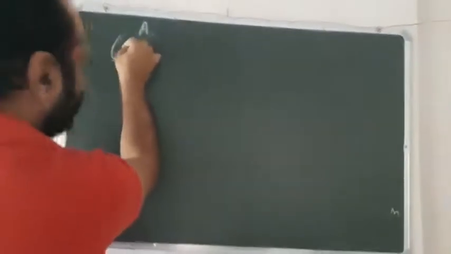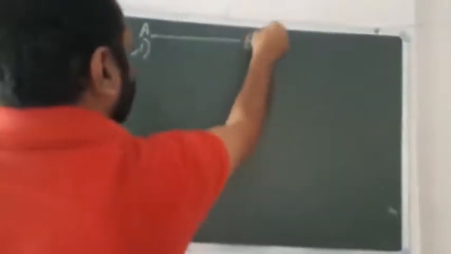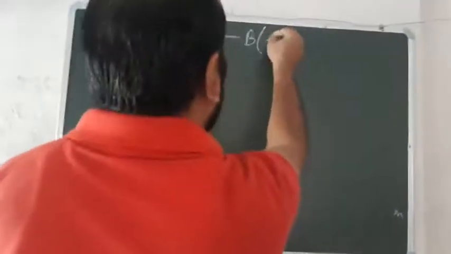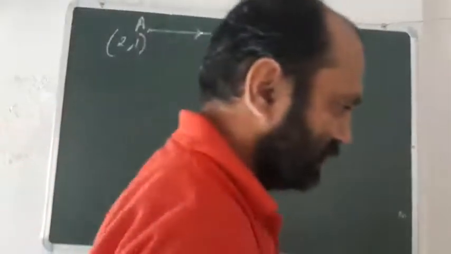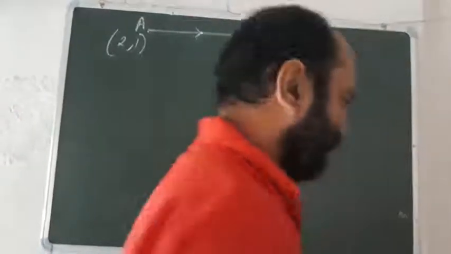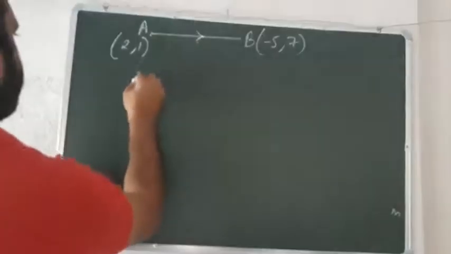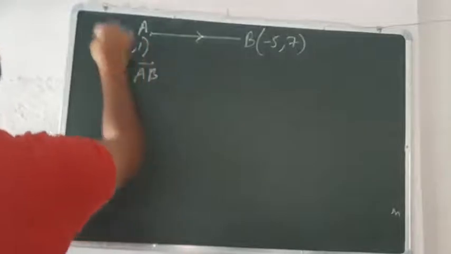Firstly you have to write the vector AB, find it.